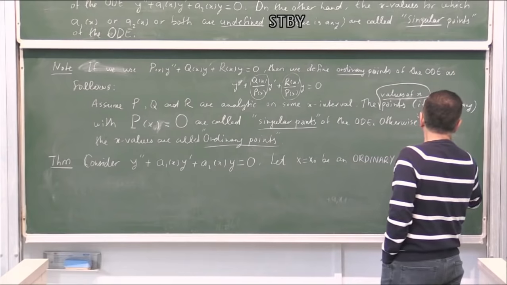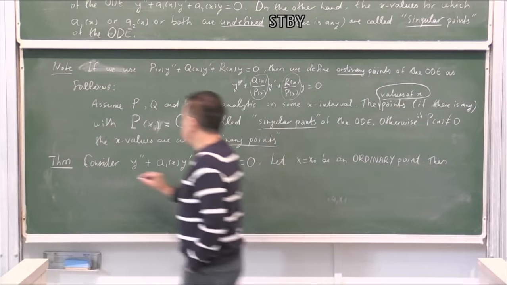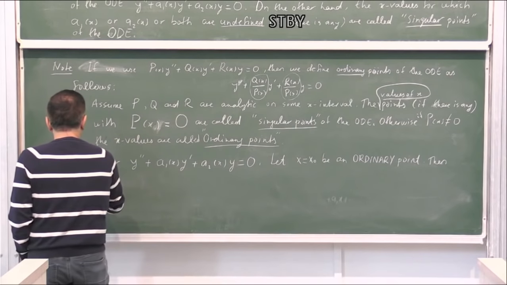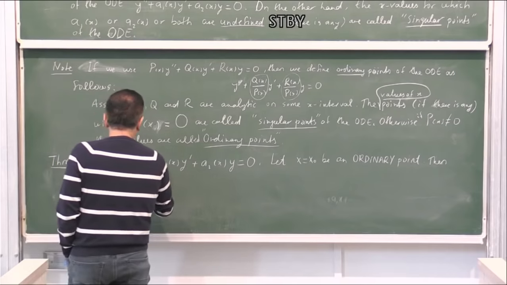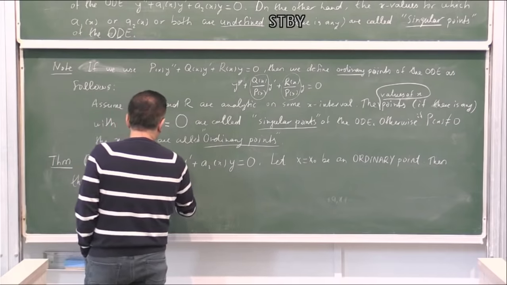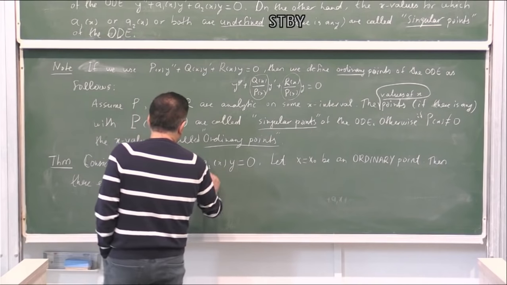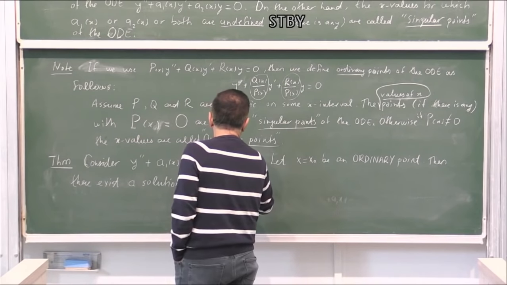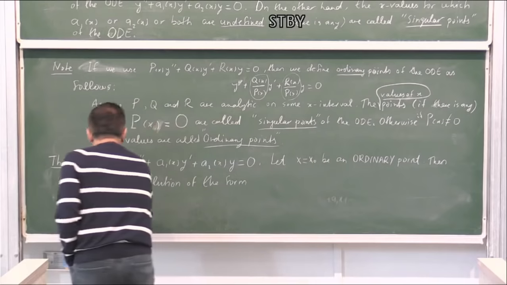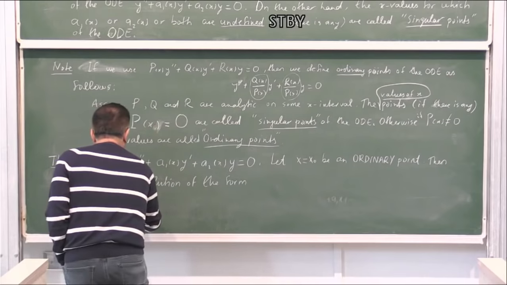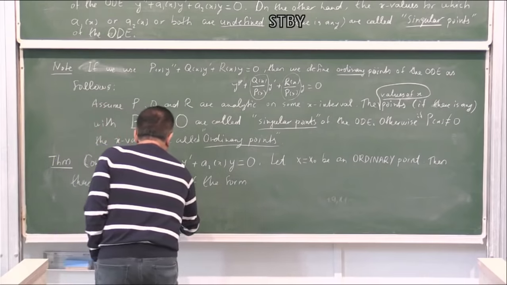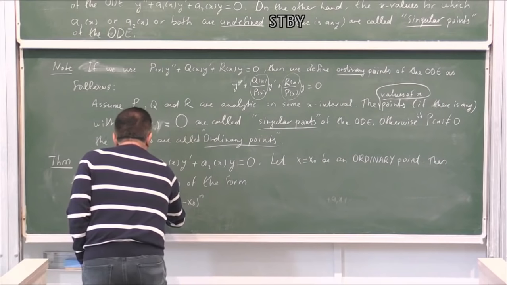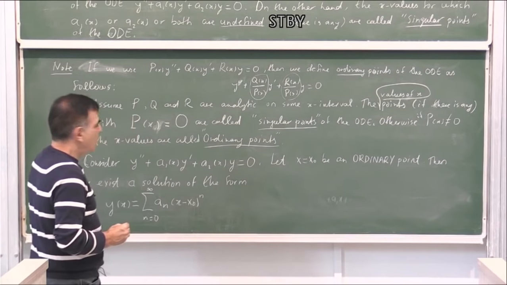Then there exists a solution of the form the sum of an times (x minus x0) to the power n.